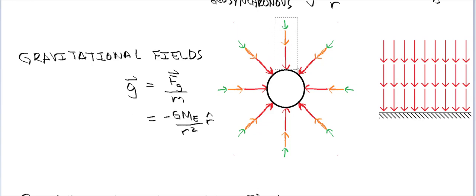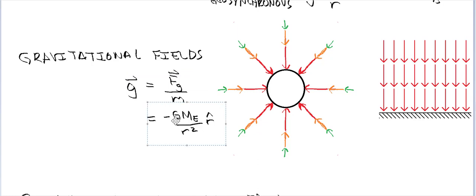And I've tried to draw this, and I think I've drawn this as about as poorly as you can. But I've tried to use arrows of varying length. As you get further away, remember that the gravitational force drops off as 1 over r squared. We're going to define the gravitational field, little g, to just be the gravitational force over some test mass.